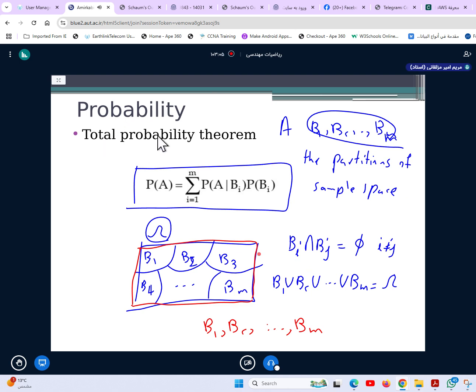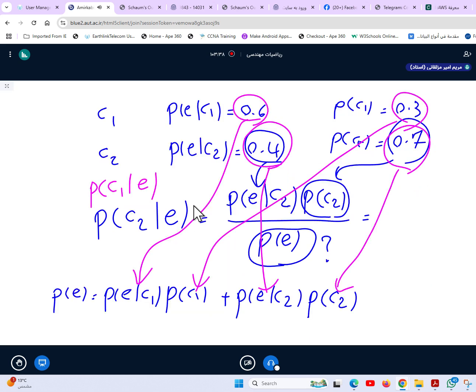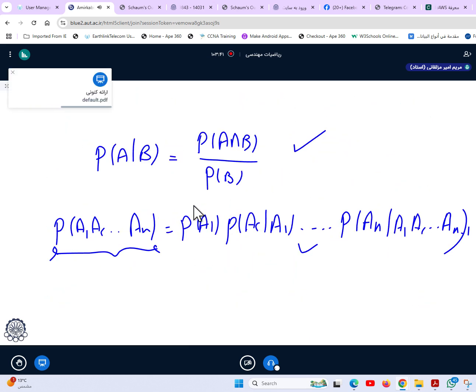In this slide, we talked about the total probability theorem. We discussed this formula in detail, and we said that when we know the probability of A conditioned on some partitions, or if we have the conditional probability of A and we want the probability of A without any conditions, we should think of the total probability theorem and use this formula.